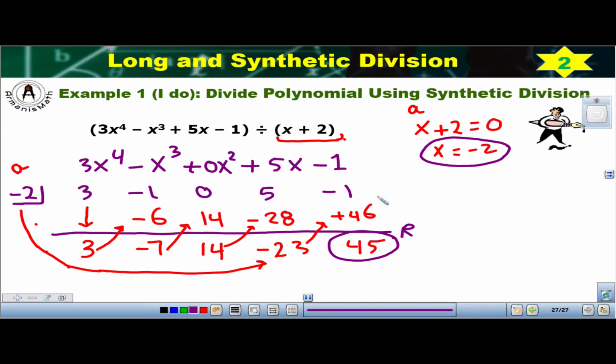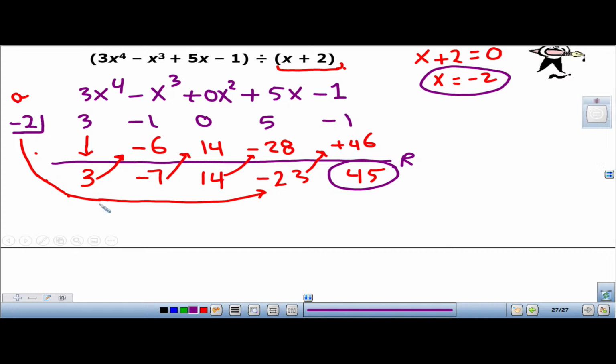As you can tell, there's no x's involved. There's no variables. All I see is just the coefficients. And you write the answer down just based on what you see here. And remember, you always lose a power. So if you start with the 4th, then this guy has to be the 3rd because you already lost a power. So this is going to be 3x cubed.